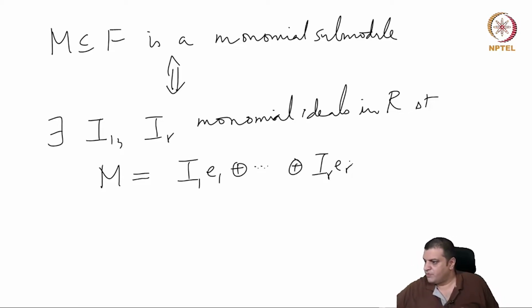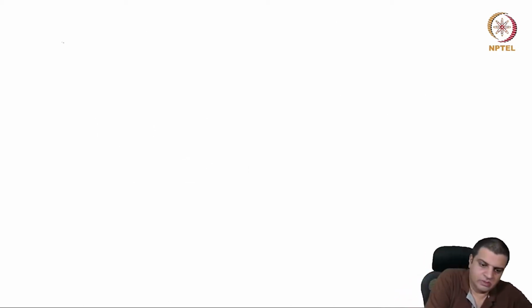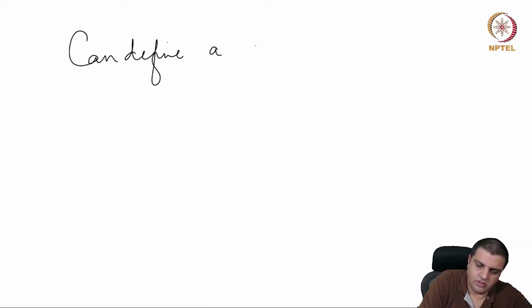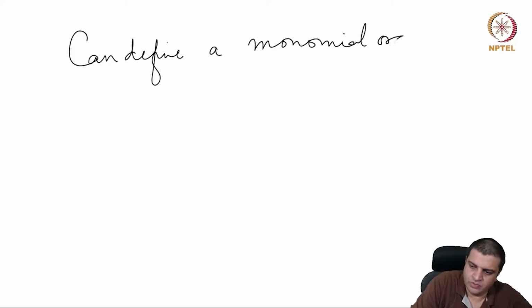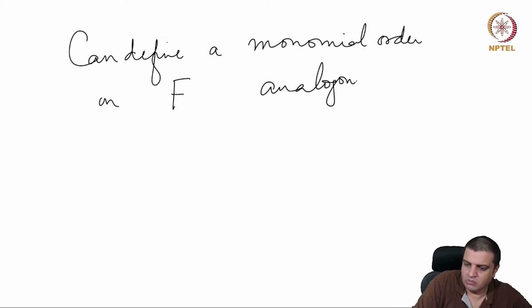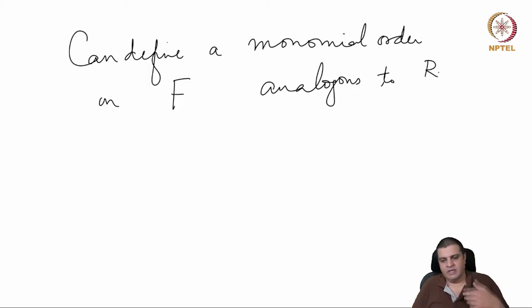So now we can define a monomial order on F analogous to how it's done on R, meaning we have to give a total order on the set of monomials that respects multiplication.